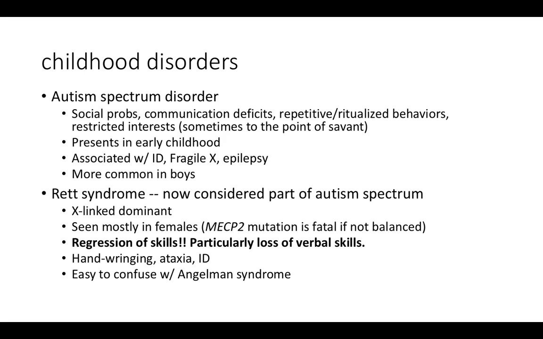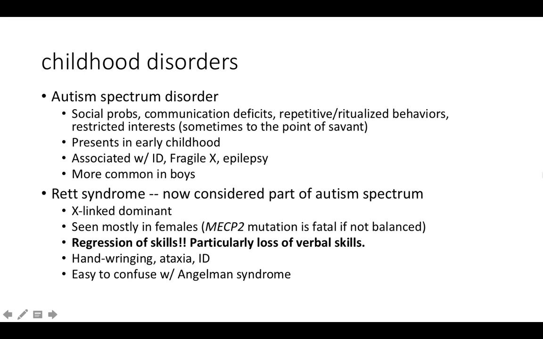Then, Rett syndrome. This is an individual type, quote unquote, of autism spectrum disorder. It is an X-linked dominant disorder that's caused by MECP2 mutations. It's mostly seen in females because this mutation is fatal if you don't have one good copy of this gene.